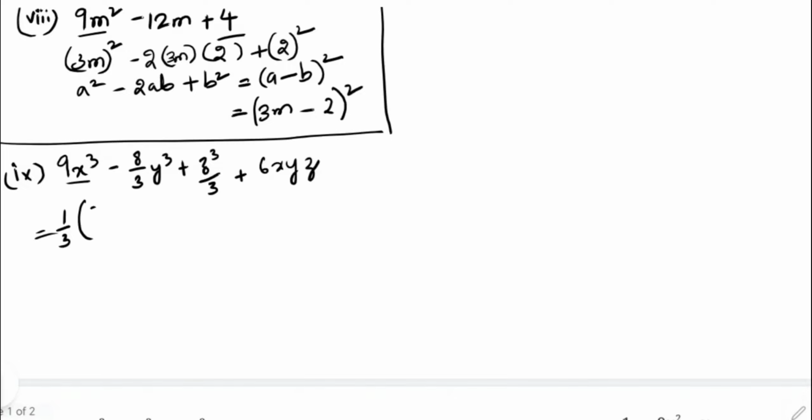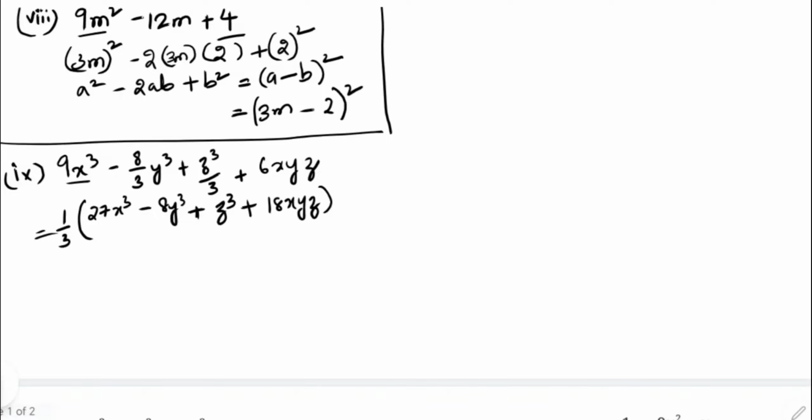So 3 9s are 27x³ minus 8y³ plus z³. Okay, just z³, we already got 3 out. Okay, plus 3 6s are 18xyz.